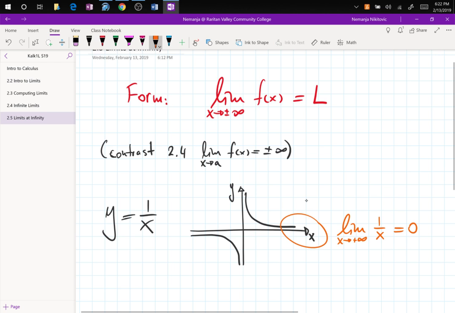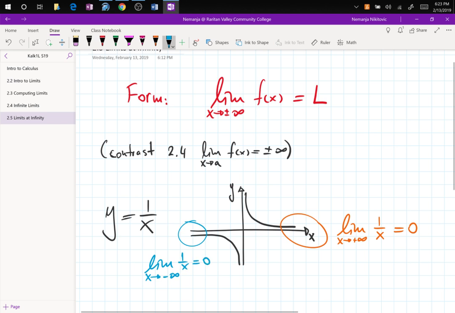So limits are providing y value answers. What is happening with the y value of the black line approaching the x-axis? The y value of the black line in the orange circle there is going to 0. On the other side, the blue side, we have the limit as x approaches negative infinity of 1 over x, and it's also going to 0.